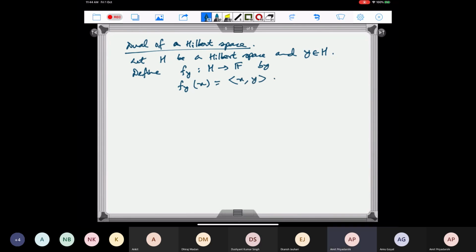Right, so this is a natural map that we can define for any y. We are defining x going to the inner product of x with y.